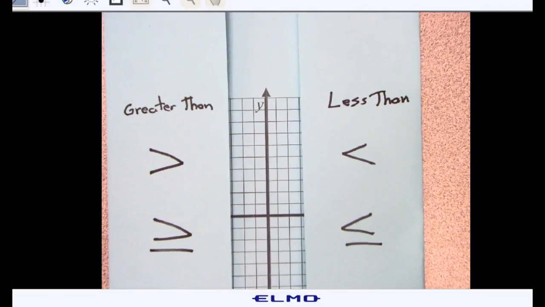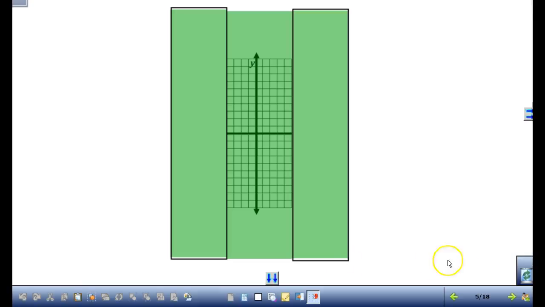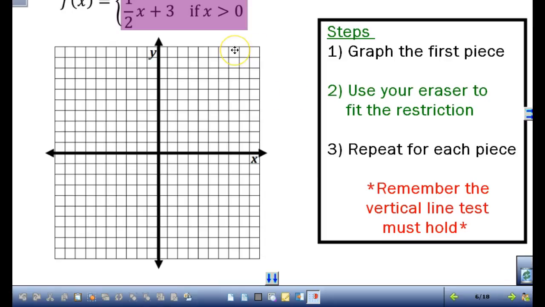And as a practice run, let's go ahead and graph one together. Open it back up and let's write this in. F of x equals, big brace, and let's do -x plus 2 if x is less than or equal to 0, and 1/2 x plus 3 if x is greater than 0.